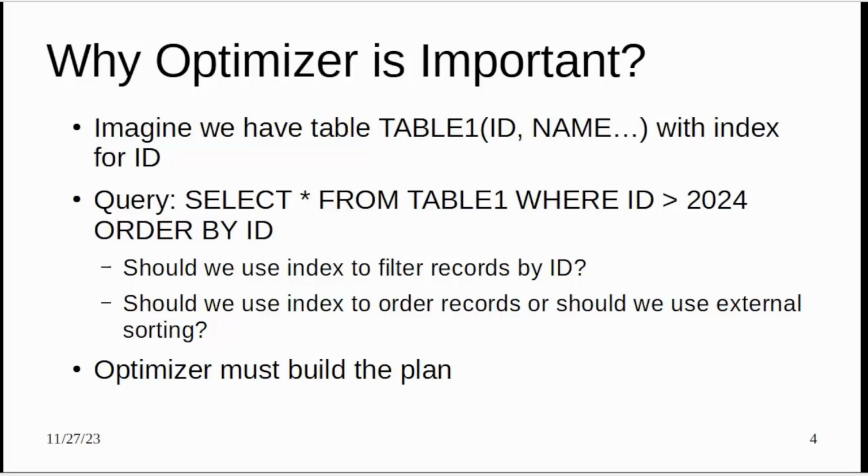Should we extract all records and sort them, or should we just show the first records in the grid for the user and that's all? So this is really not a trivial task, and the result of the optimizer's work is the execution plan.